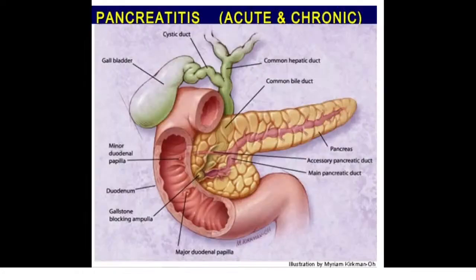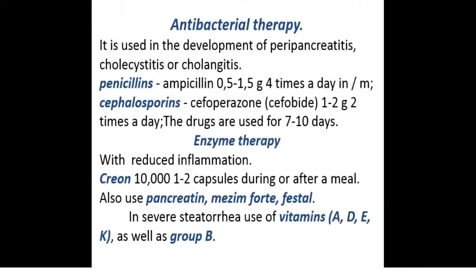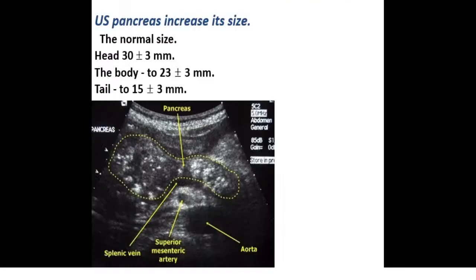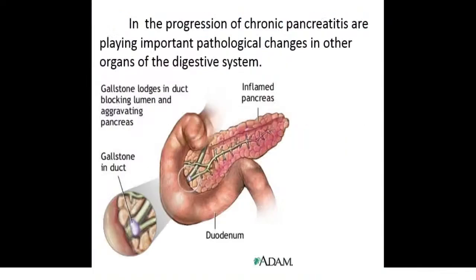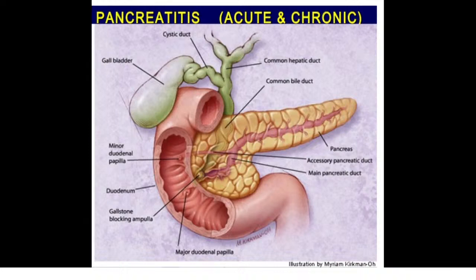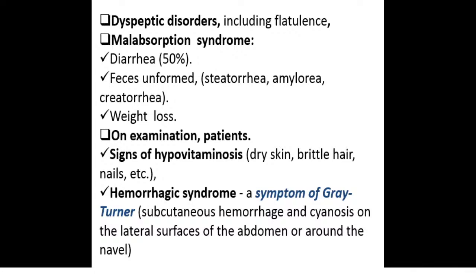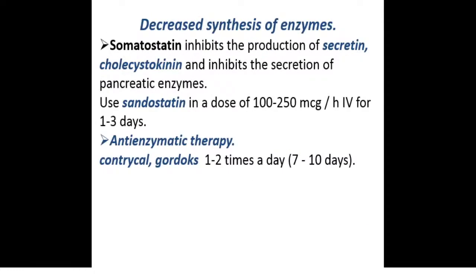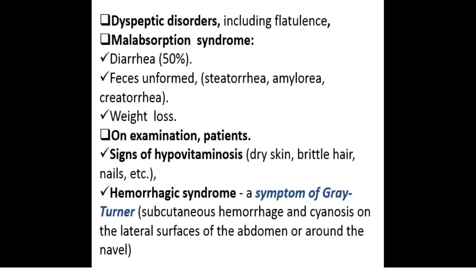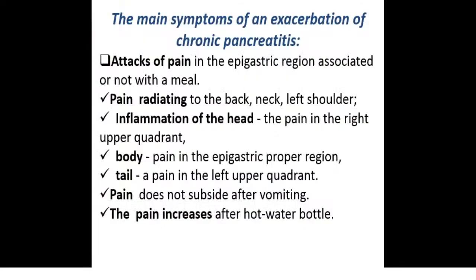If the patient has inflammation in the body, pain in the epigastric region, and if the patient has inflammation in the tail, in this situation, pain in the left hypochondrium.